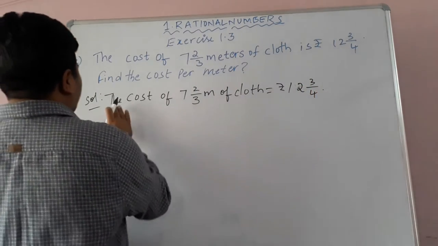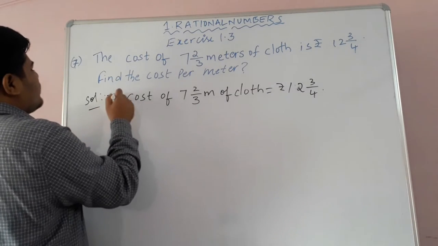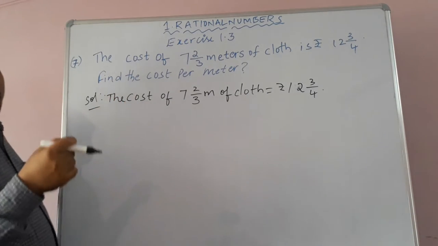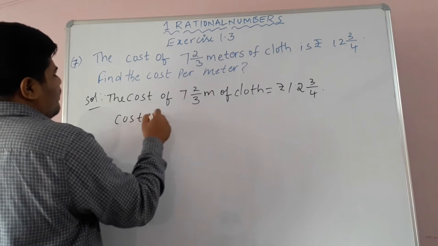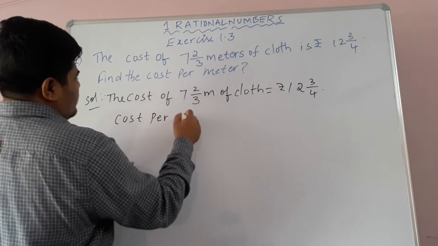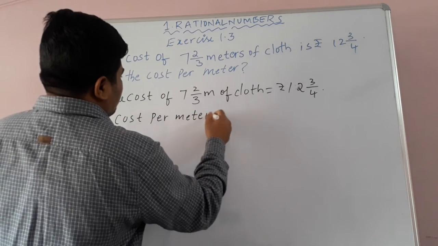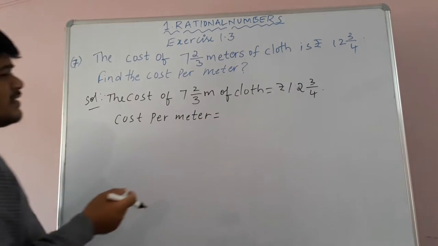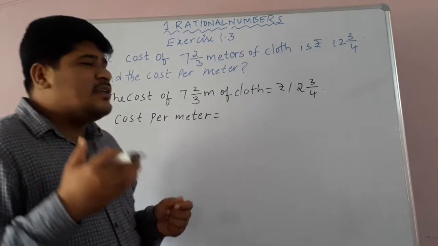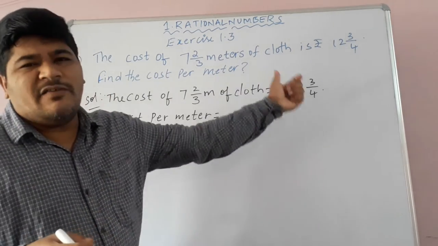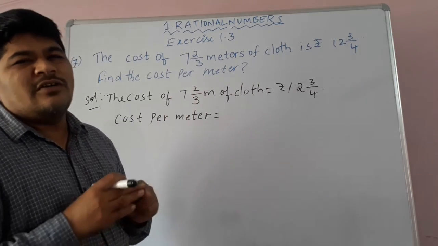Now they are asking us to find the cost per meter. So cost per meter is equal to, how will we get it, children? See, the cost of 7 2/3 meters is rupees 12 3/4. The cost of 1 meter is equal to how much?